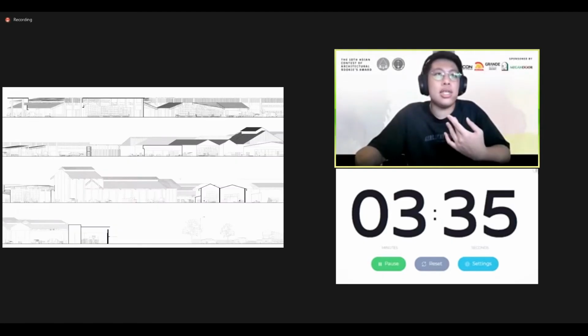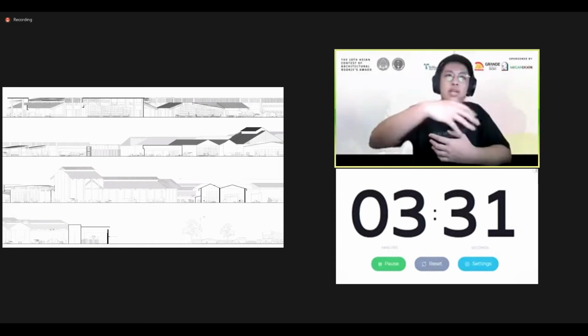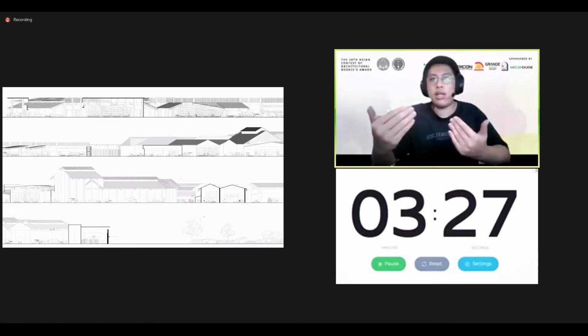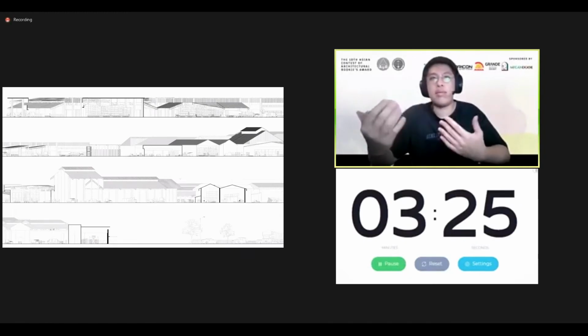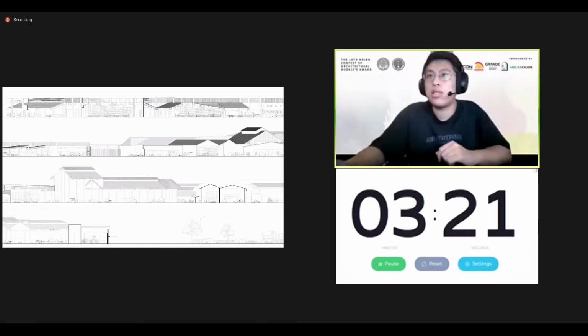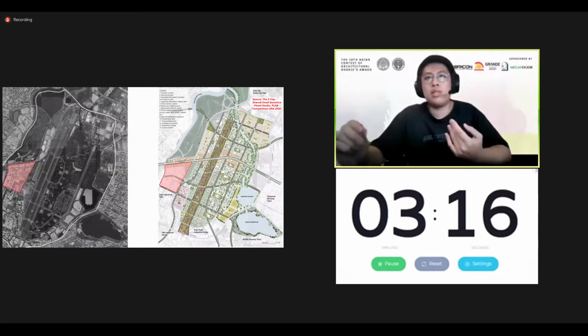And then this is the urban section that we did as a studio to illustrate how the many different industrial factories that came up over time kind of overshadow each other based on their different sizes and types.